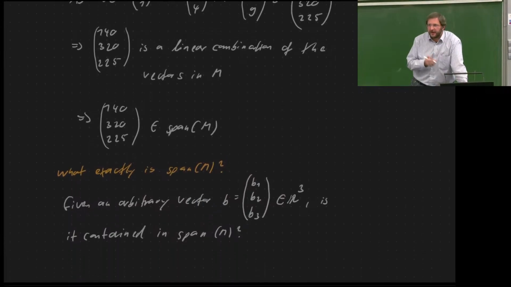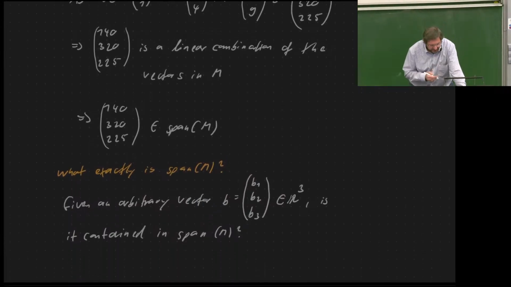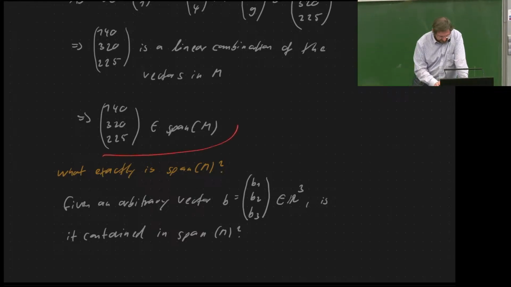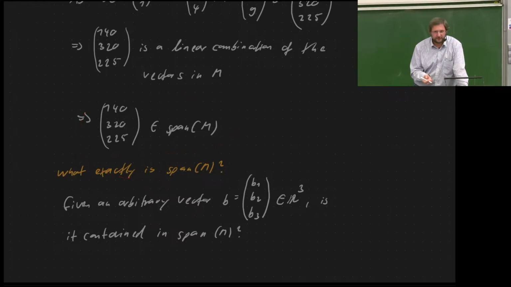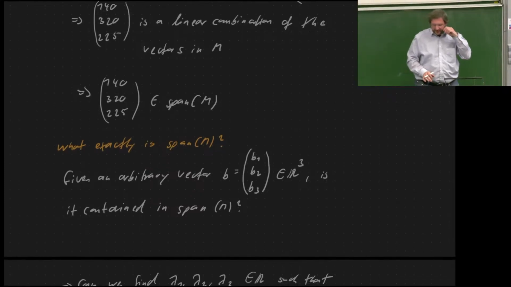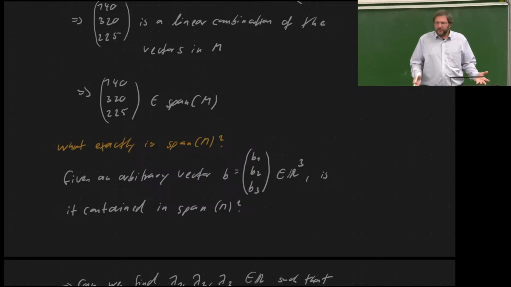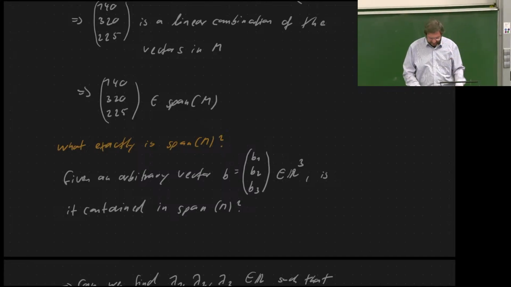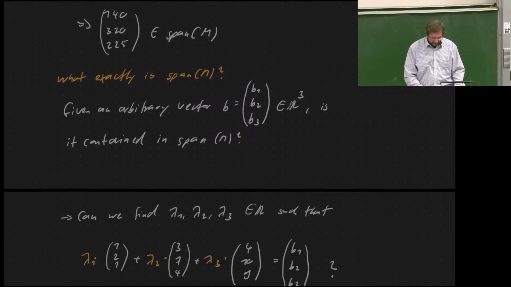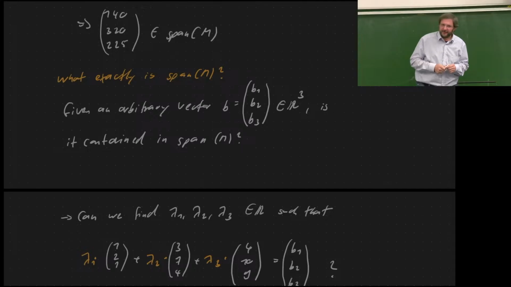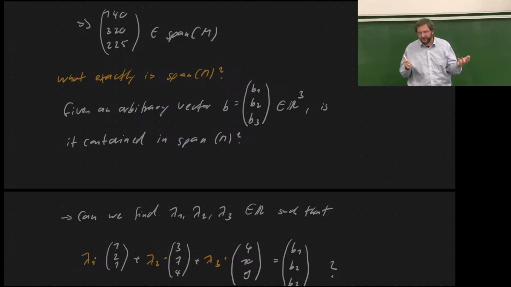Of course, any linear combination is contained in the span, so that is one element of the span. Now, how do we actually compute the span? Or maybe as an intermediate step, how do we find out if any given vector is contained in the span?